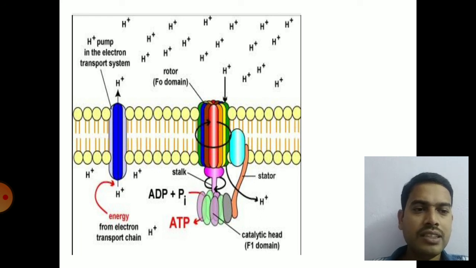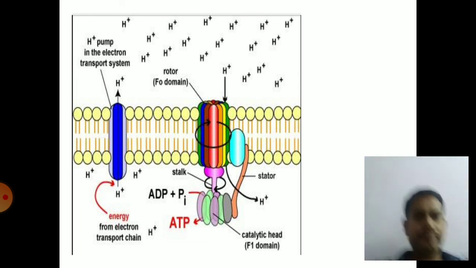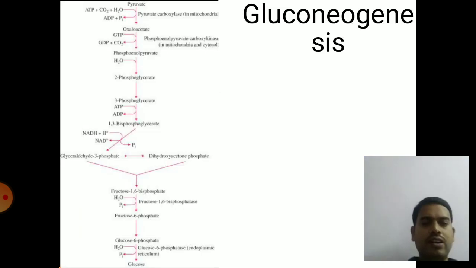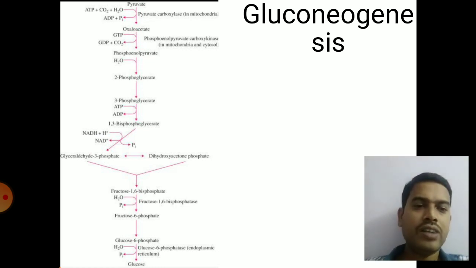With this energy, the ATP synthase coupled ADP plus Pi to form ATP. So this is how ATP is synthesized in the mitochondrial matrix by ATP synthase and the electron transport chain, and how the powerhouse of the cell generates ATP molecules. So that is regarding the electron transport chain and oxidative phosphorylation.